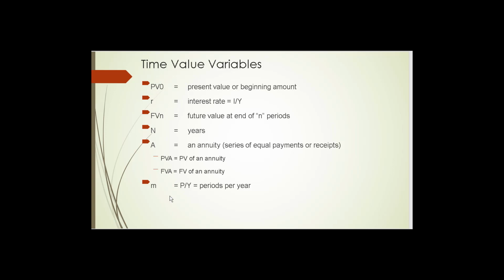So we can find PVA, which is the present value of an annuity, and we can find FVA, which is the future value of an annuity. And the letter M, and I'm not sure why it's M, but M represents the periods per year. We'll talk about this as different compounding structures present themselves. We'll talk about the impact of that on money and how money grows.